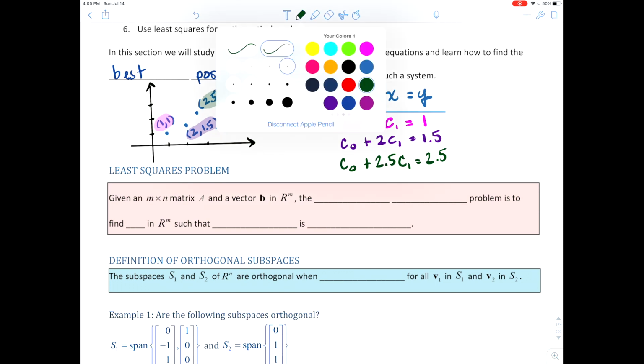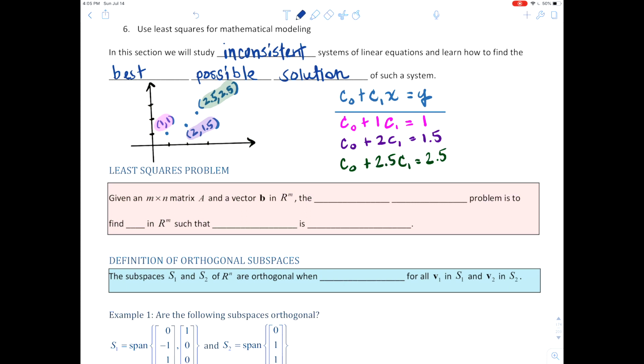Well, what do we have going on here? We did something sort of like this before, right? But we wanted to find the polynomial that best fit. Now we are looking for some best fit, so we don't have the actual ordered pairs. But if we take a look at what we have, our coefficient matrix A would be, well, we'd have 1, 1 going across, 1, 2, and then 1, 2.5.